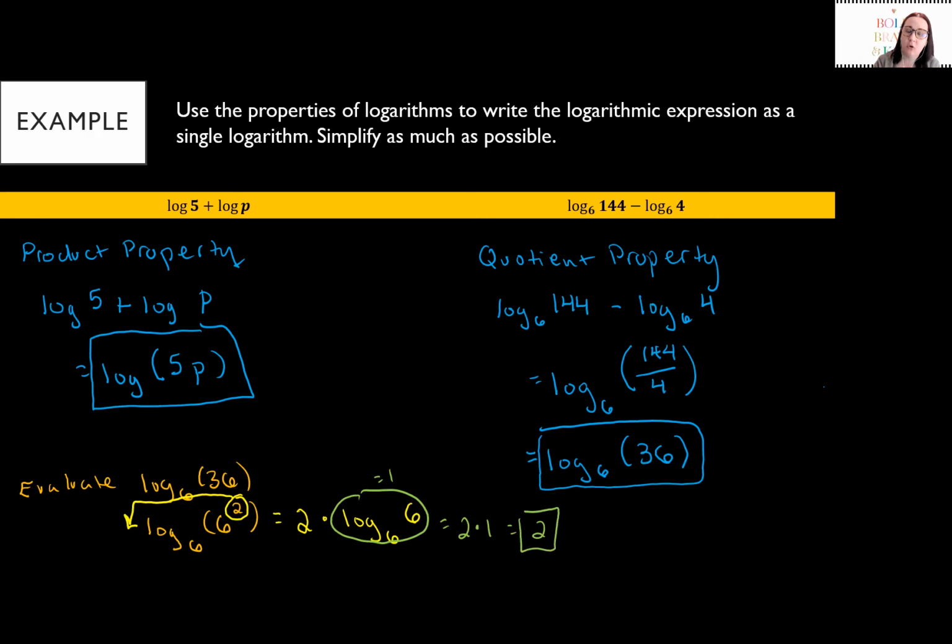We can go further here, but we don't unless it has the phrase evaluate, because then it's saying I am looking for what this actual number is that we are equal to. So you really want to pay attention to those words, simplify versus evaluate, so that you make sure that you are giving what it asks you to, because it's possible to go too far and still have done correct work, but it wasn't what was asked for.